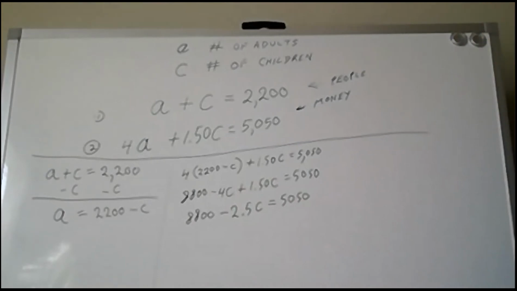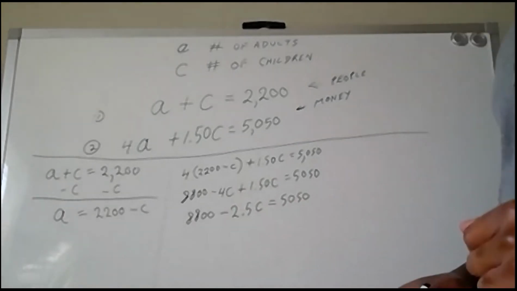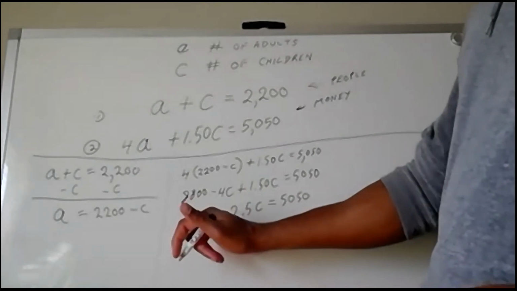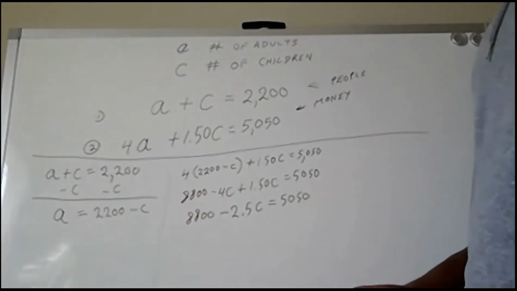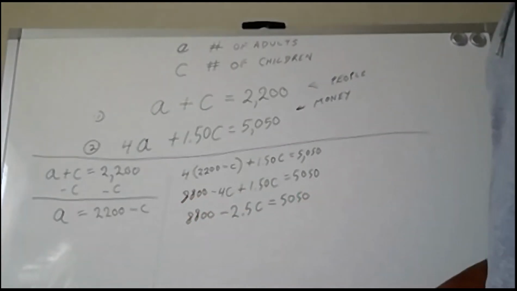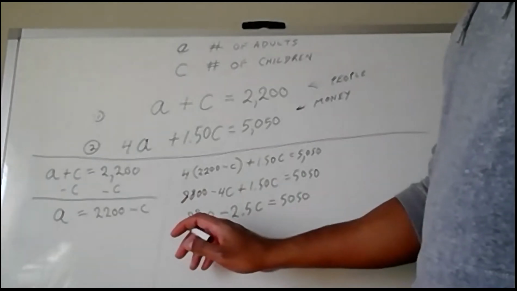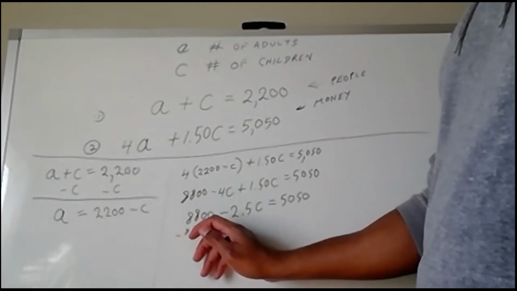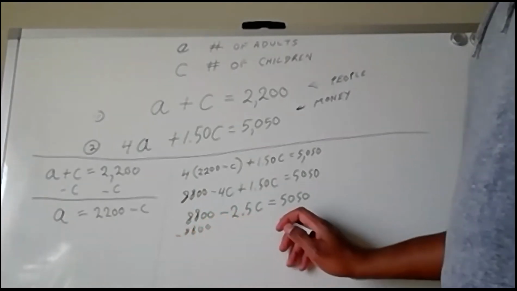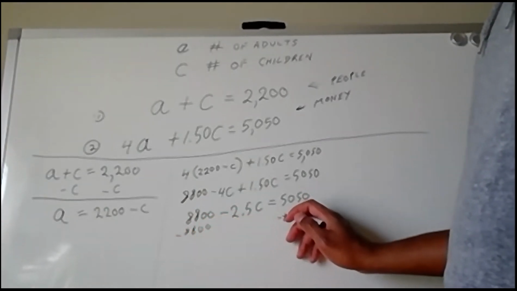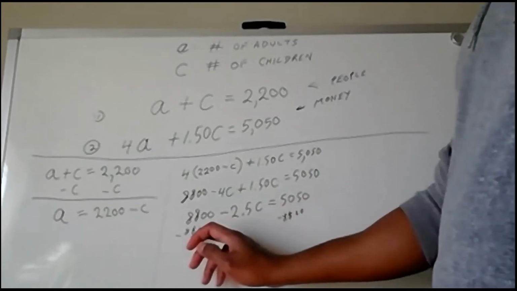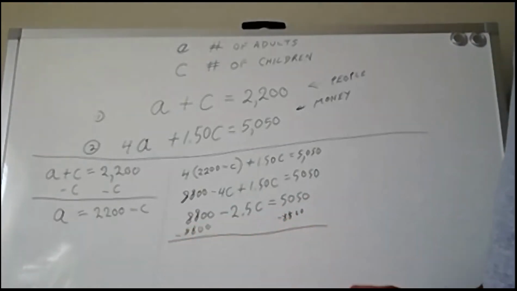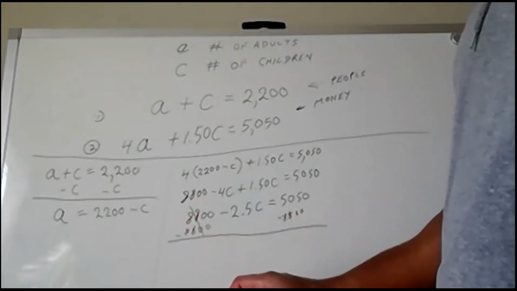We're getting closer. So now I need to find a way to get this 8800 over to the right side. I will have to subtract that from both sides. So I'm going to subtract 8800 from both sides. And so here, they're gone.